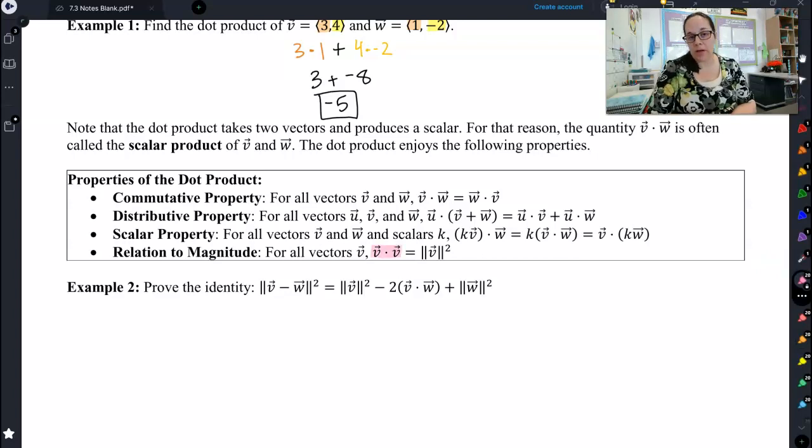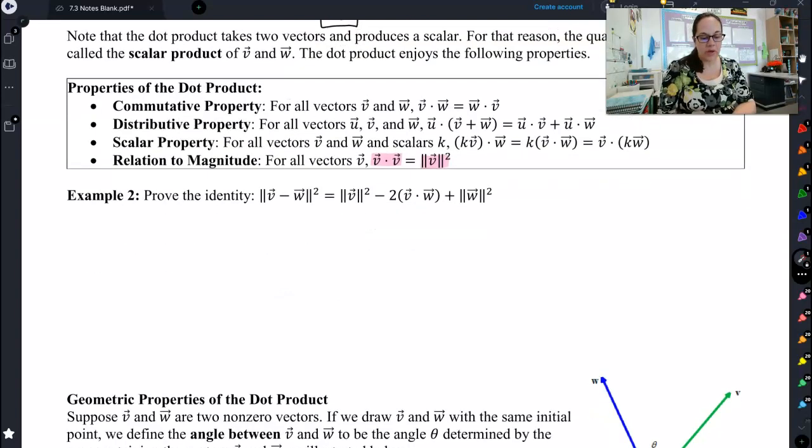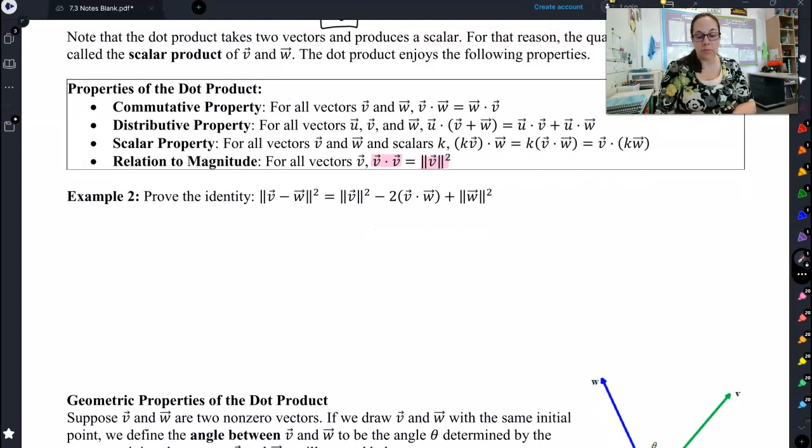The dot product between a vector and itself is the same thing as the magnitude of that vector squared. That's a big one. That one's really important. That comes up a lot. So if you multiply a vector by itself, that is the same thing as the magnitude of that vector squared. So we're going to use that to prove this identity.